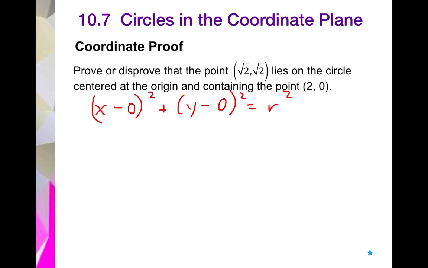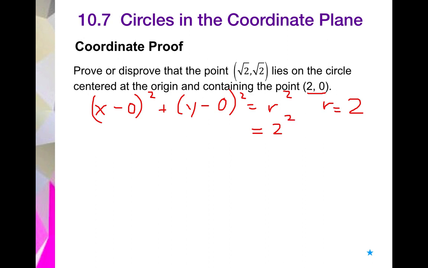And if we have something that's centered at 0, and it has a point (2, 0), then we know that the radius has to equal 2. So if the radius equals 2, then this becomes 2 squared.